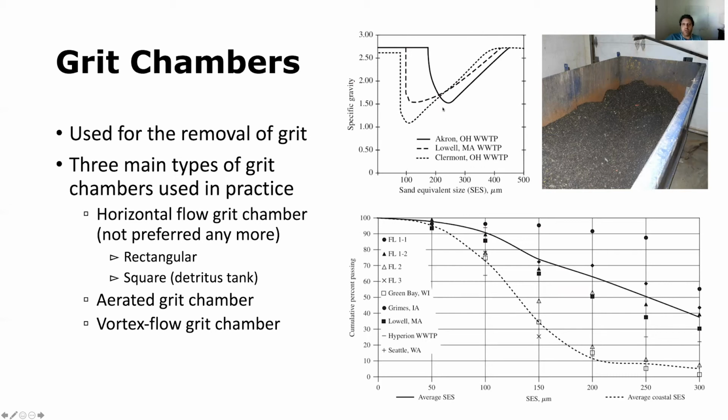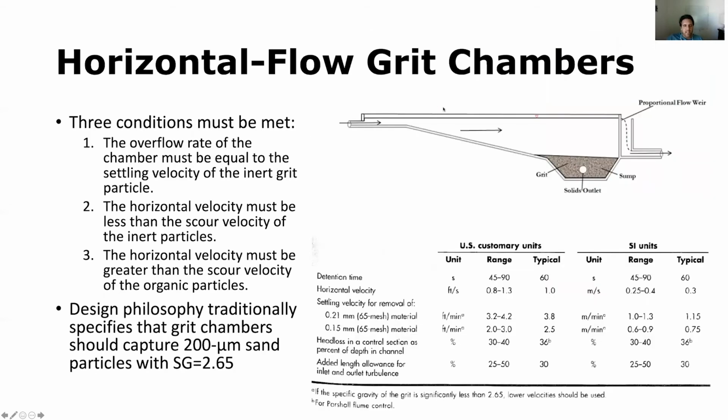Some of them have much lower specific gravity, meaning that this traditional design philosophy that you might see in some design guidelines or standards is really just kind of a rule of thumb, and it's not exactly relevant for the true characteristics of grit.